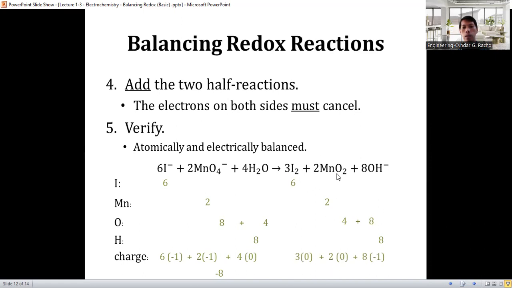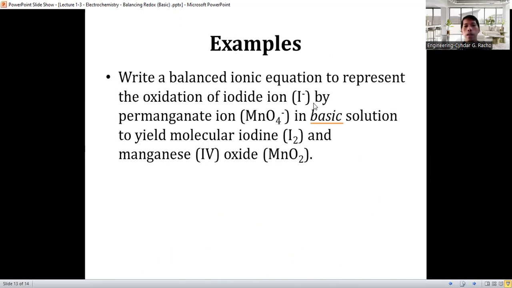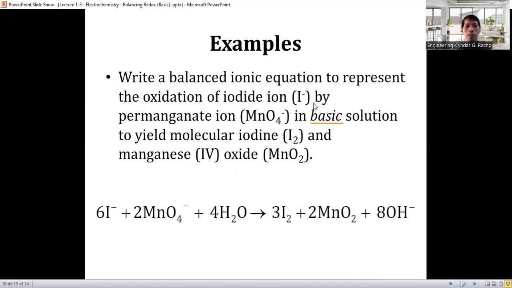Here, 2 times 0, kaya wala siyang charge. Here, you have 8 times 1. So therefore, 8 times negative 1, so you have negative 8. So as you can see, balance ang kanyang each atoms and also the charge. All right, so we have solved the problem. So the final equation is 6I minus 2MnO4 minus plus 4H2O equals 3I2 plus 2MnO2 plus 8OH minus.